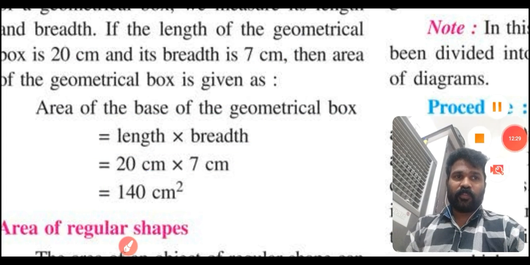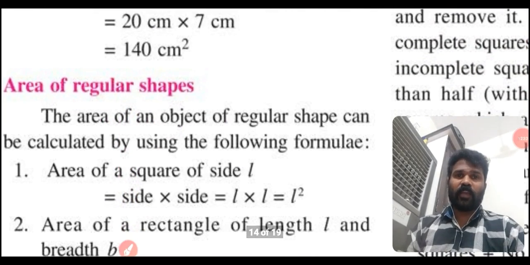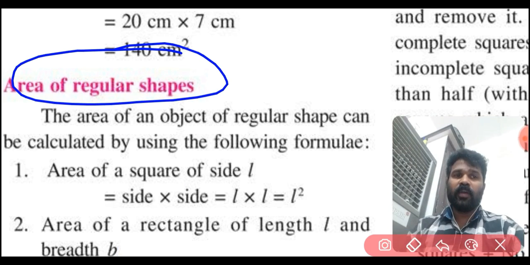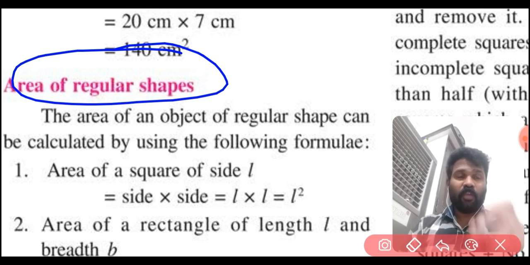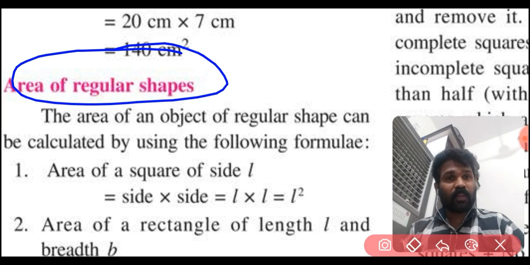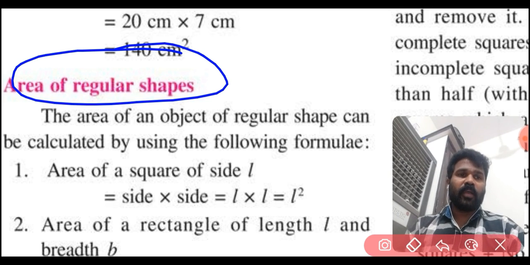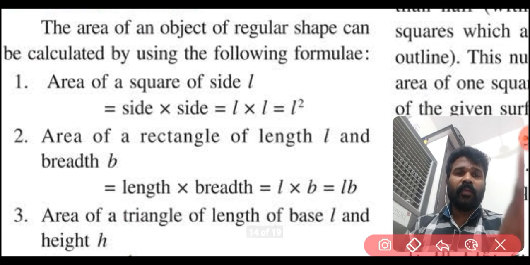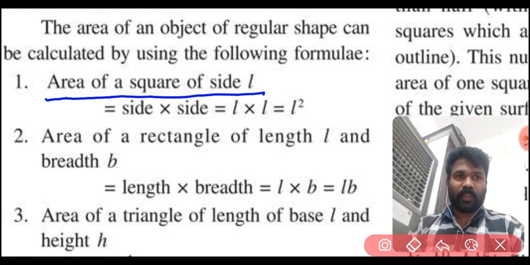Okay, students? Now we will discuss how to find the area of a regular object. The area of an object of a regular shape can be calculated by using the following formulae. Few formulae are there. Here, area of a square of side L. We know the equation from mathematics also.